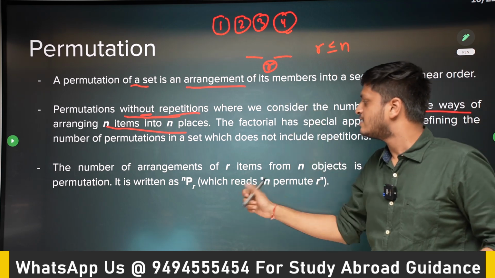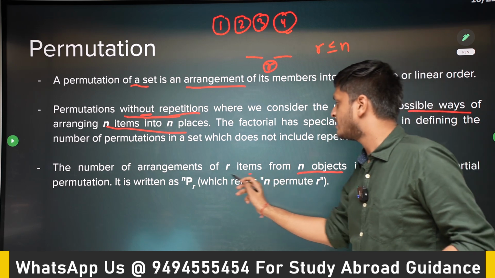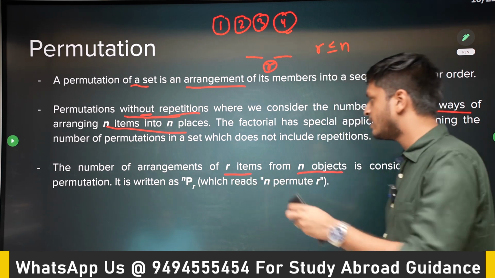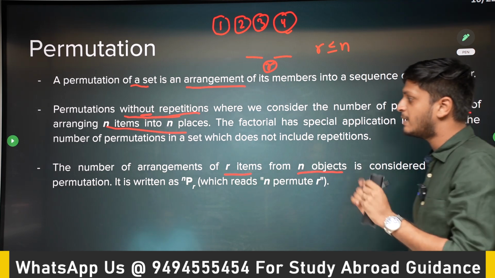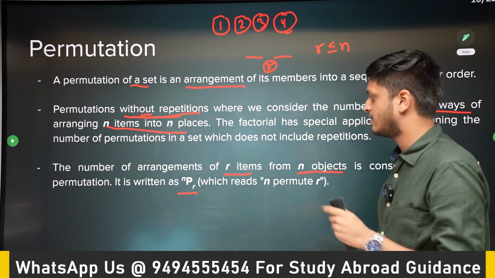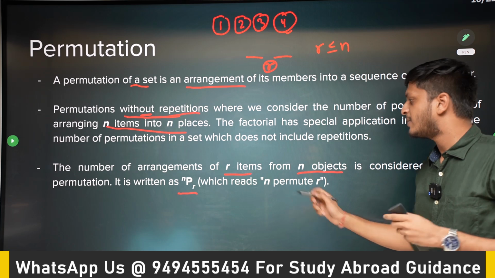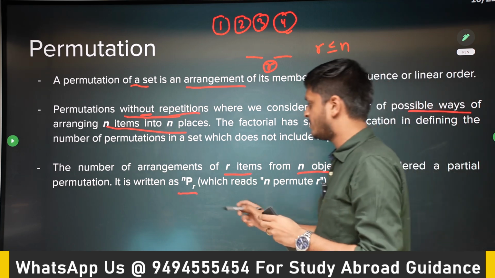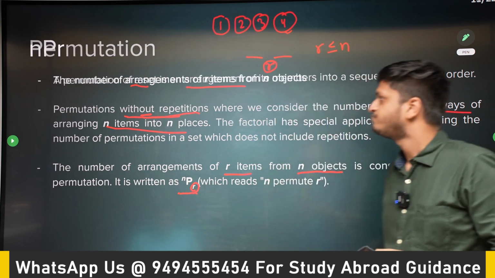So the number of arrangements of r items out of n objects is considered to be a partial permutation, and it's written as nPr. That's how we write it, and we read it n permute r. So basically it is arranging r objects out of n objects.